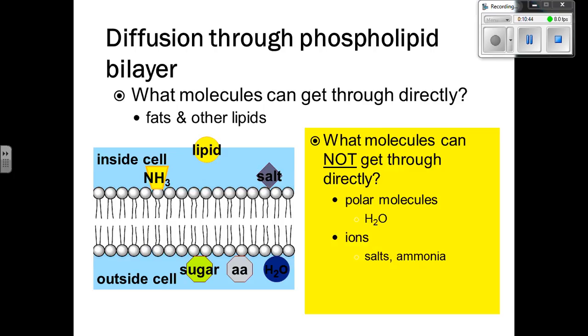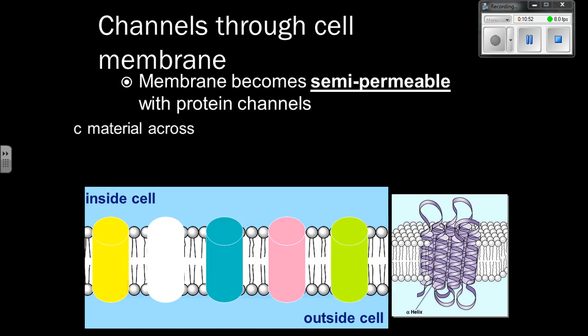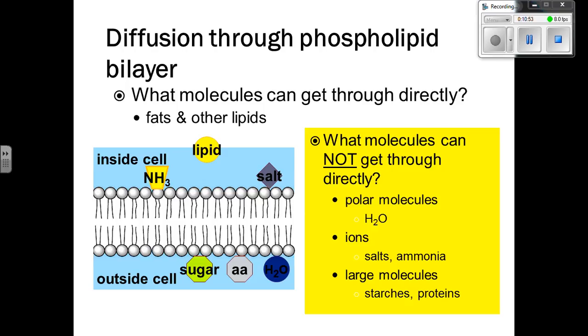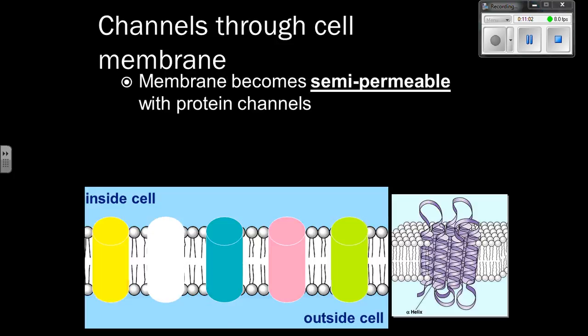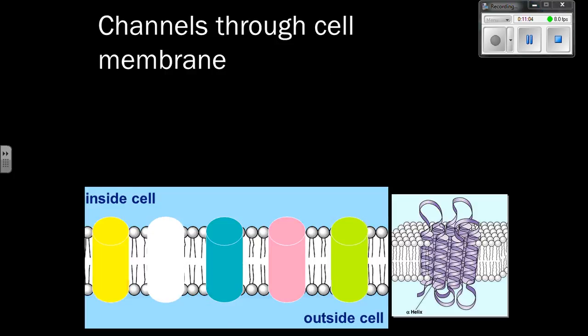Right? Things that can are ions, salts and ammonia can't get through. Things that really can get through are, backing up a bit, things like lipids and things like gases, carbon dioxide and oxygen.